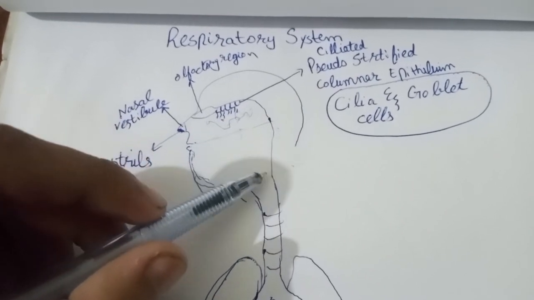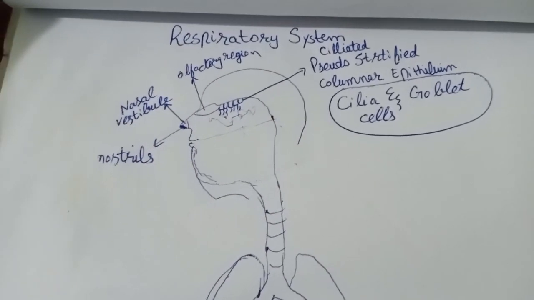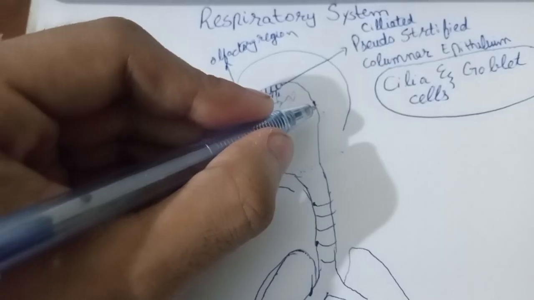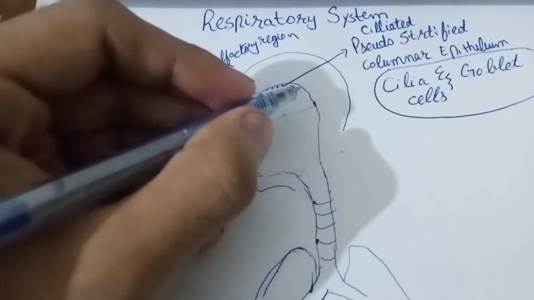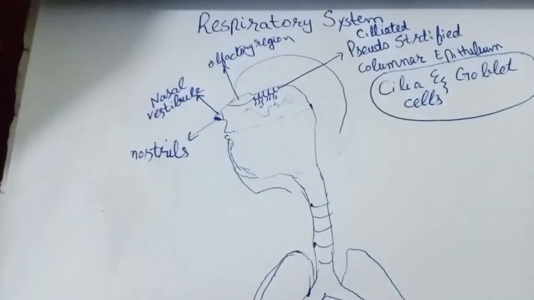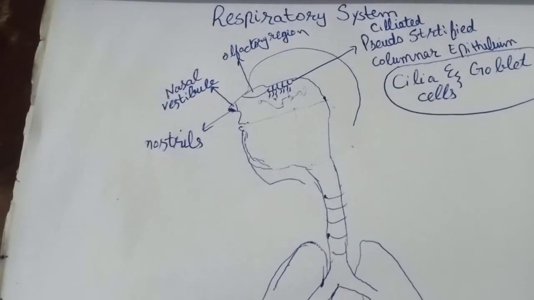If the mucus enters the body, then it will move out through the digestive system through the esophagus.